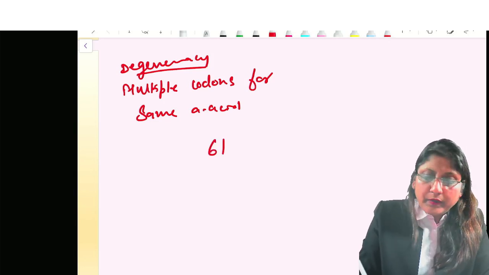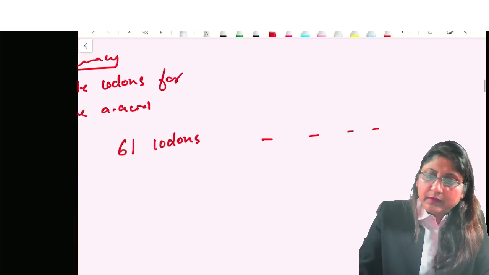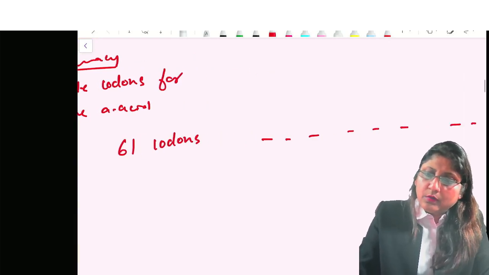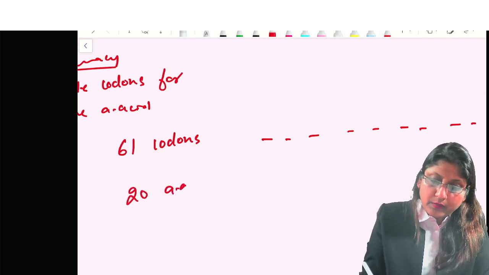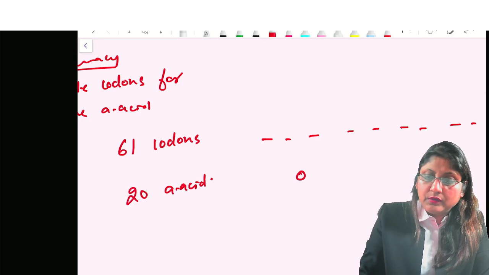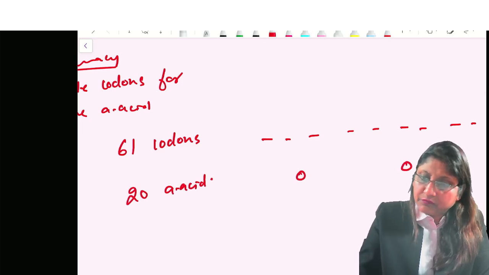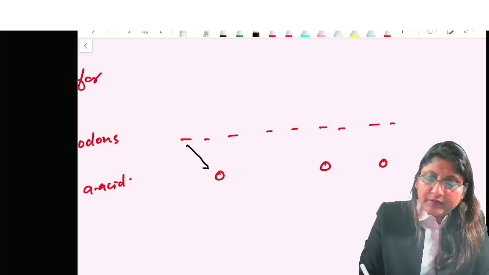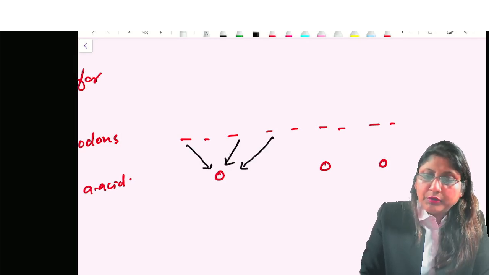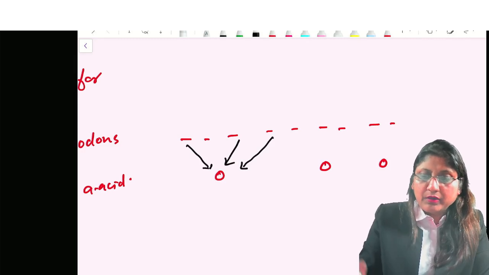When you talk about coding codons, you have 61 codons, multiple codons are there, which are going to code 20 amino acids. So ratio-wise, the number of amino acids is lesser compared to the codons. It is very obvious that more than one codon is going to code one specific amino acid.